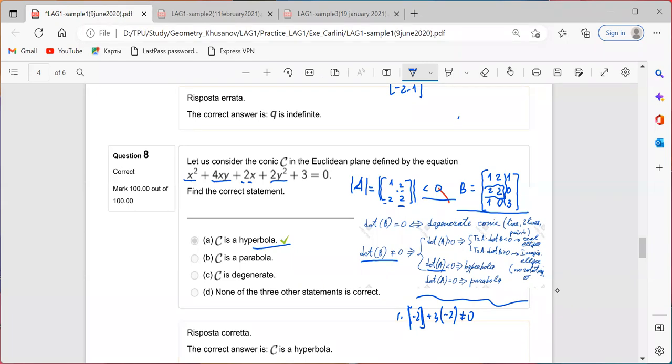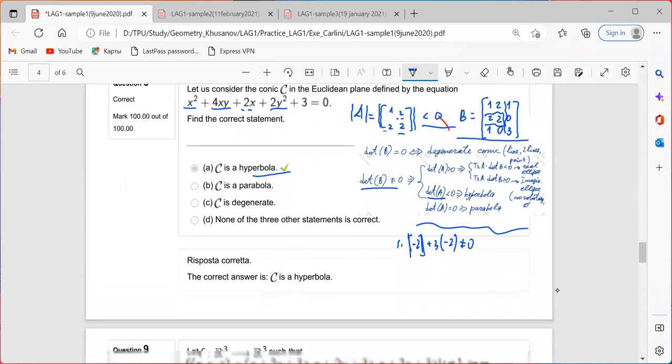Maybe we can construct something similar for R3 also, but it will be very complicated, and we have to include some kind of C matrix. I think it's very difficult to consider in a quiz situation in your exam. That's why we will consider only R2 conics.